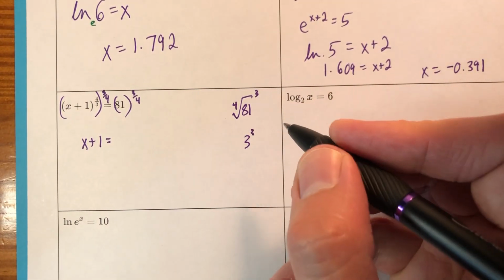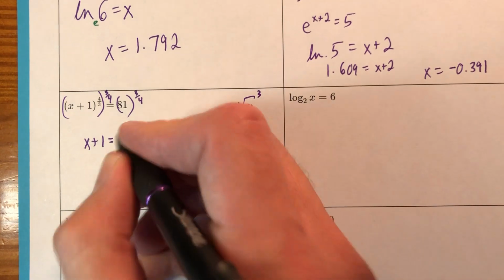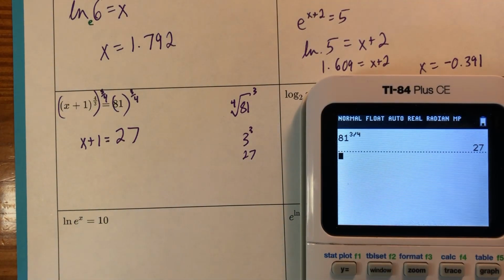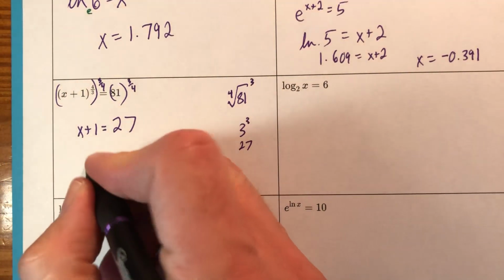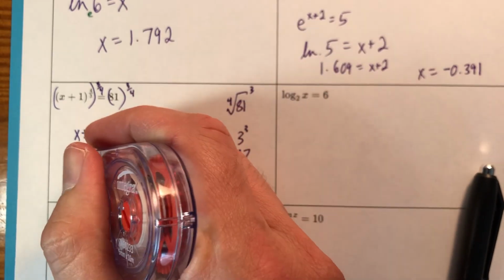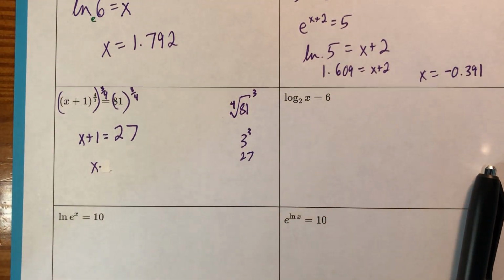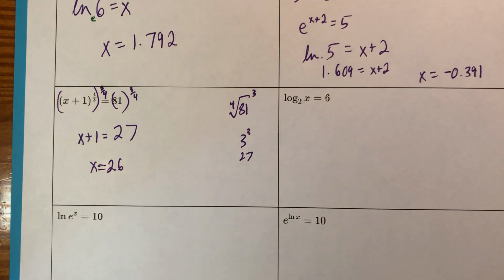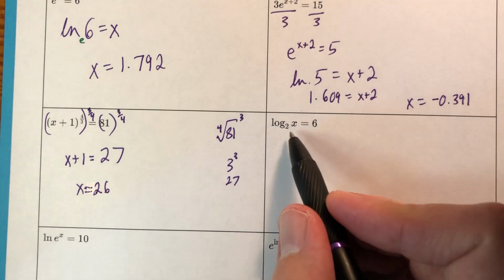And I have 3 cubed, which is 27. So, told you. I don't know why I was about to put x plus, and now I'm bumping the camera. 26.